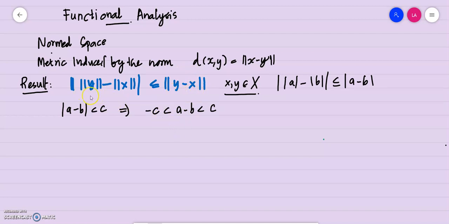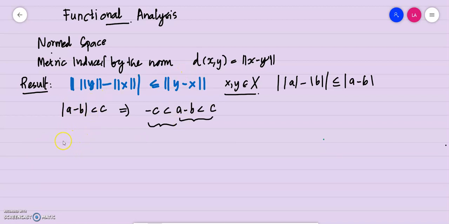We only have to prove that norm y minus norm x is less than or equal to this quantity, and that minus of this quantity is less than or equal to norm y minus norm x. We will be proving both of these inequalities.